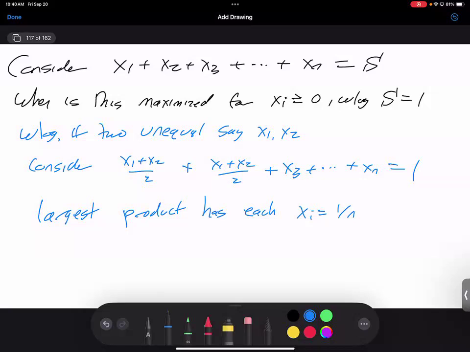We know that if you don't have everything equal, I can always make something better by replacing two of the objects with their average. But maybe there's no maximum value. Maybe it goes off to infinity. This is where we need that result from real analysis, that there has to be a place where it's maximized. And if they're not all equal, I can find something better. So the only place it can be is when everything is the same. So you do need some real analysis to finish.